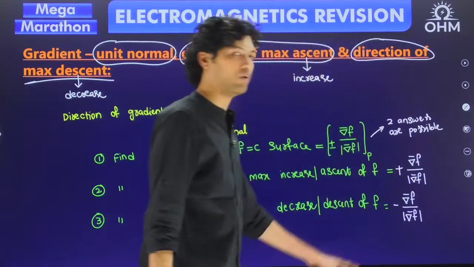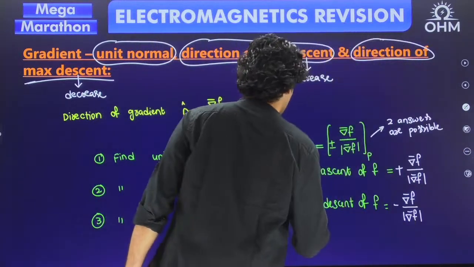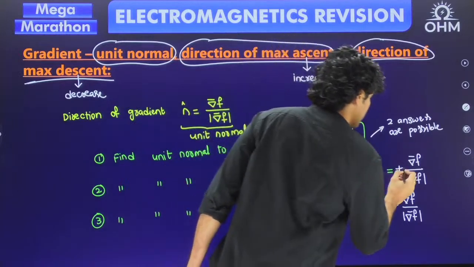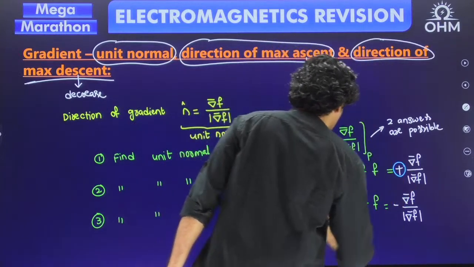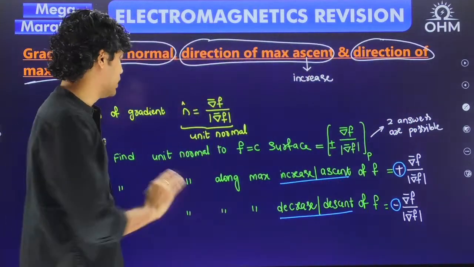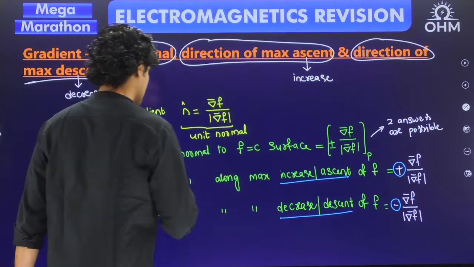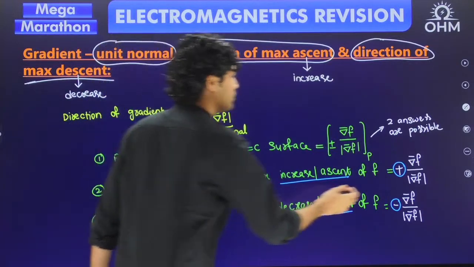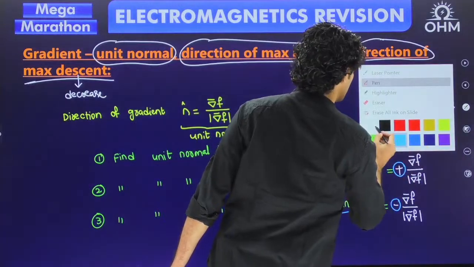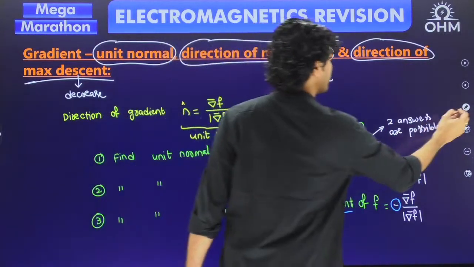So notice for maximum increase or ascent we take a positive sign, and for decrease or descent we take a negative sign. And if the question is just unit normal, perpendicular to, or in other cases, it is simply a unit vector.